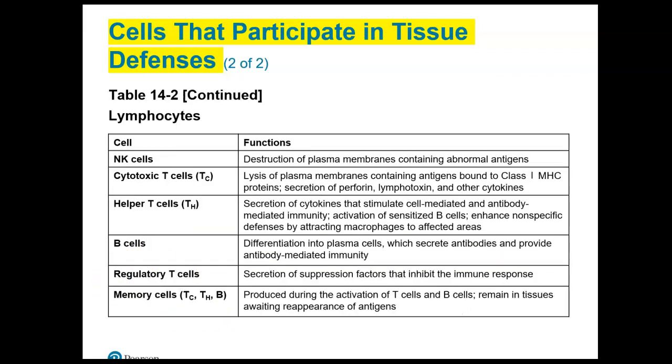They are the ones that contain the class II proteins. And then you have all of the lymphocytes, NK cells, which are part of the innate defense, and then all of your T cells and B cells are listed with their functions. So this is slides 77 and 78. Both are pretty important.